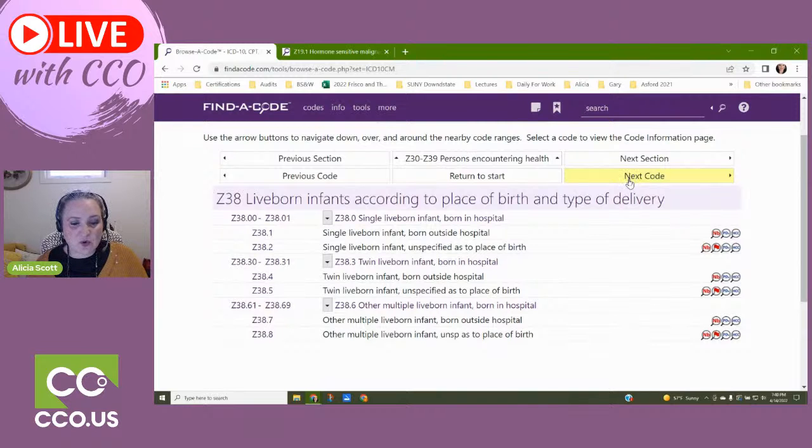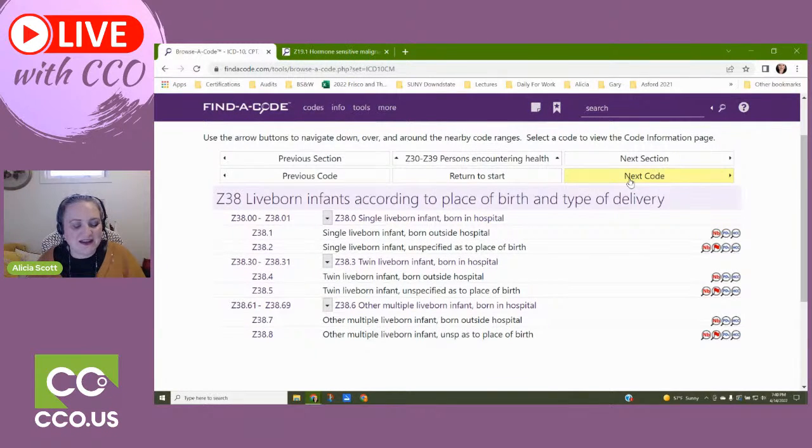Live born infants according to place of birth and type of delivery. When you code in obstetrics for delivery, people get worried because there are lots of codes, but the code set surrounding delivery is actually quite small compared to some other areas, and it's very, very repetitious.